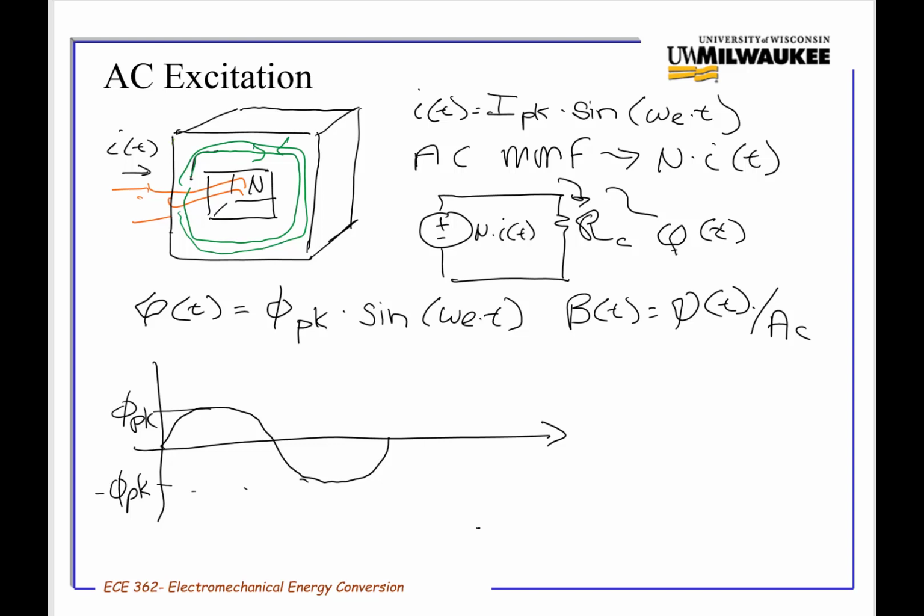Another way then to write this would be phi of t equals area of the core times B peak sine omega_e t. Notice that I've always got sines. I haven't done any derivatives or integrals or anything, so it's just scalar multiplications, and this is what we've got so far.